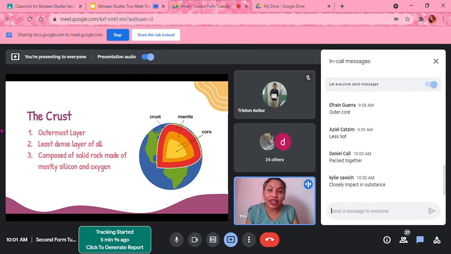For example, if we have an earthquake, that's why the surface of the earth easily opens, because it's the least dense. It's not that compact, it's not that tightly stuck together, right? The crust is composed of solid rock made from mostly silicon and oxygen, and that is the reason why it is the least dense layer.